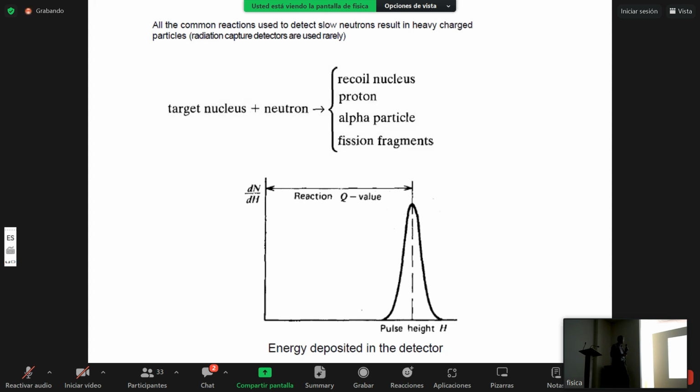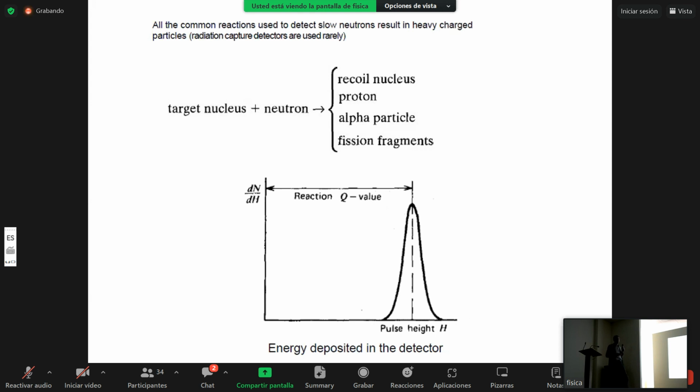a thermal neutron. Usually, we have some target nucleus, and a neutron hits it, interacts with it, and creates nuclear recoils, for example, or alpha particles, or fission fragments.